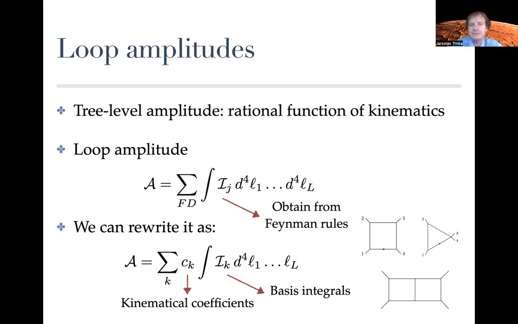So these are the standard methods: Feynman diagrams and the methods of unitarity. And these basis integrals are box integrals, triangles, and so on at one loop, and more complicated integrals at higher loops. You have to find the independent basis, and then you have to fix the coefficients, which means solving very large linear systems of equations. But that's what people typically do.